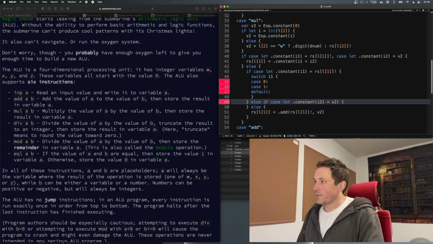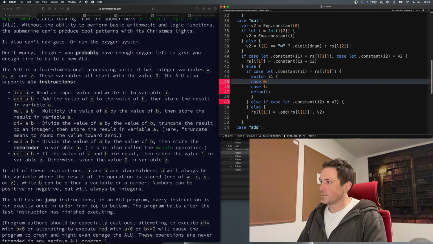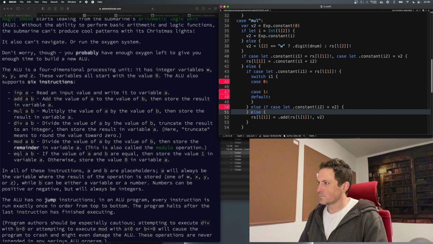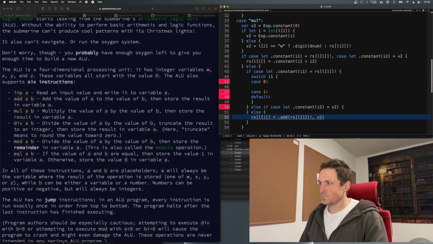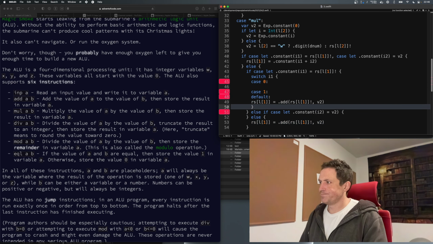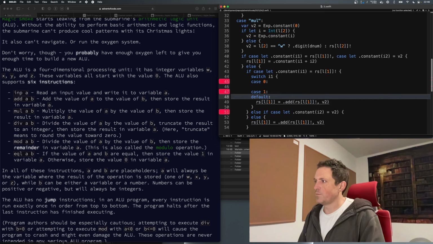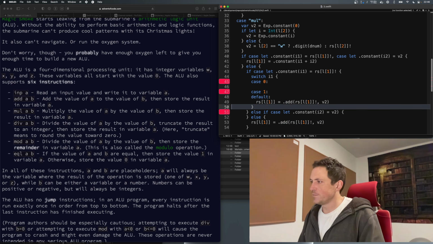Okay, so in the case of 0, we're not getting rid of all our redundancy because what's the point, right?